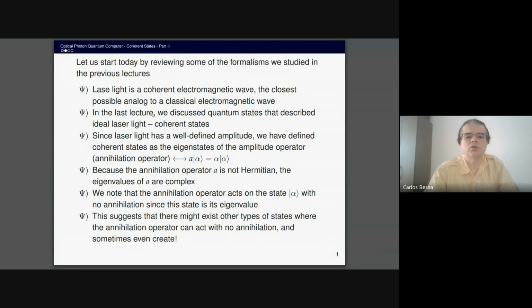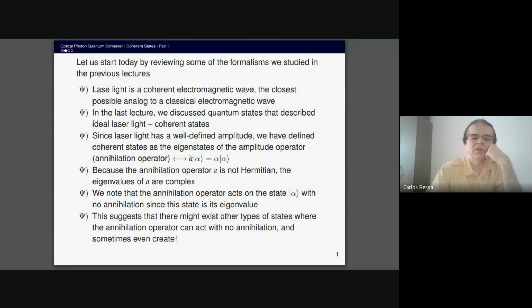So in the last lecture, we discussed quantum states that describe this type of ideal laser light, the coherent states. Since laser light has a well-defined amplitude, we defined coherent states as the eigenstates of the amplitude operator. Remember that when we expand the classical electromagnetic field in terms of a series of modes, we quantize this field by considering the amplitude of the classical field and relating it to the annihilation operator of the oscillator.